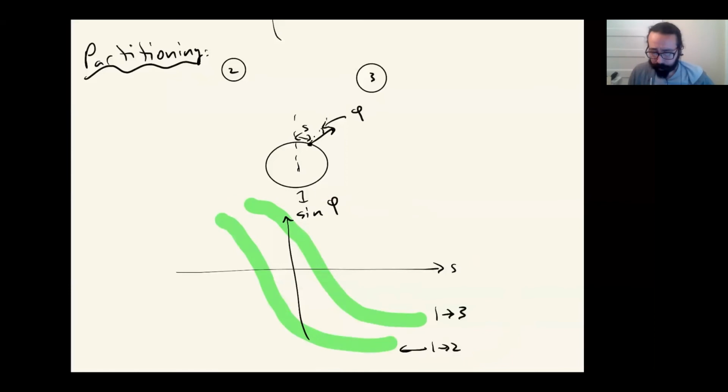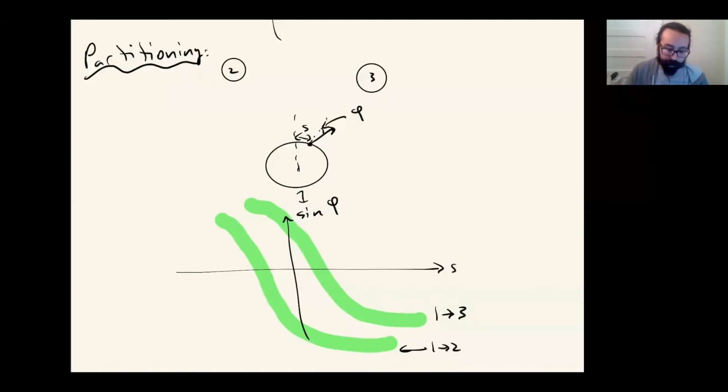So this is considering our pinball that has just left bumper 1 and does something. For some region of phase space it hits bumper 3, and for some region of phase space it hits bumper 2.